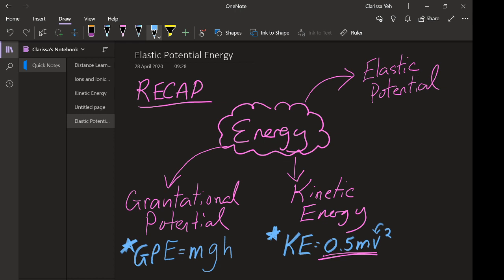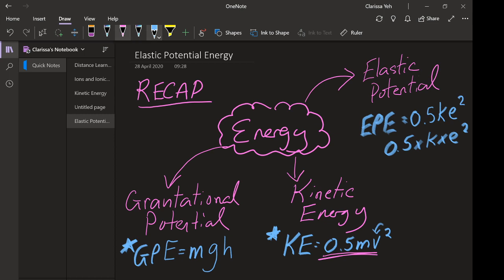So the equation, I'm going to write EPE for elastic potential energy, is equal to 0.5 k e squared. Remember, it's 0.5 times k times e squared, because in algebra we don't usually write the times symbols there.